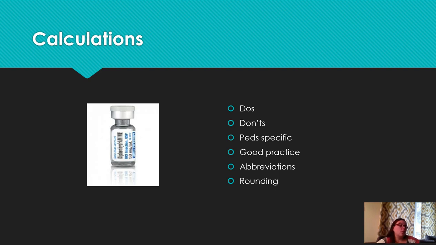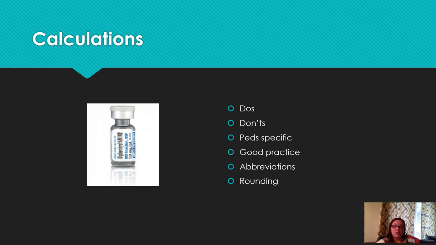But so we'll use the do's. ML for milliliter, mg for milligram, HR for hour. And so if you're not sure, you can always spell something out. That would be better than trying to make up your own abbreviation and then getting something wrong on the exam because you have mislabeled it. And so that's another piece.